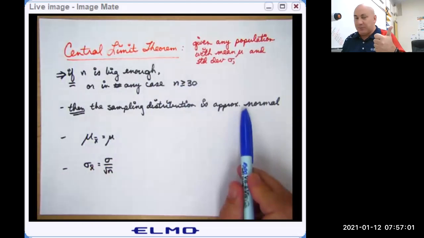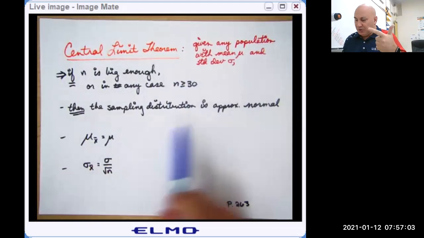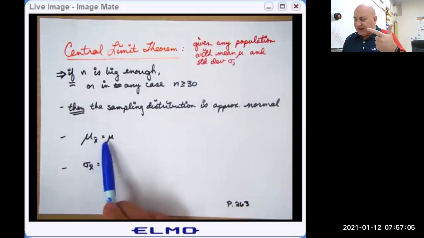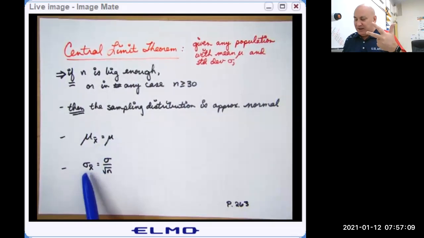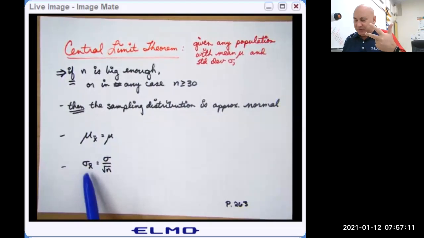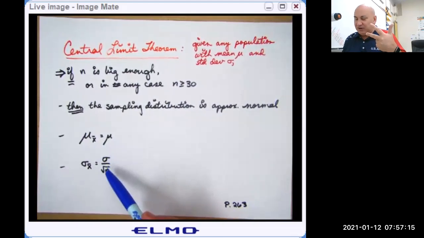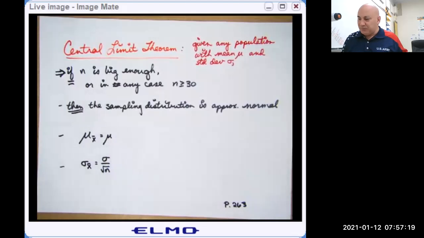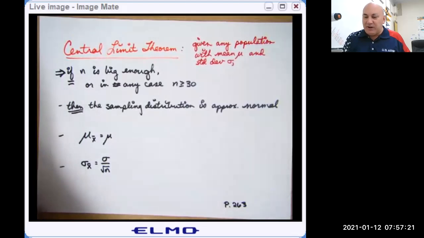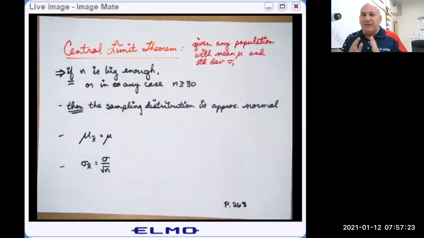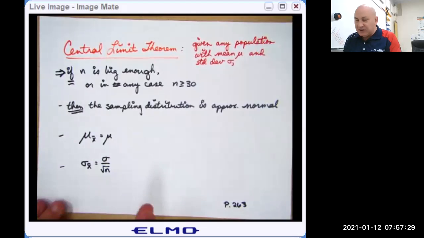One, it will be approximately normal. Two, it will have the same mean as the population does. And three, the standard dev of the sampling distribution will be the standard dev of the population divided by the square root of the sample size. Again, this is one of the primary, fundamental, primo important rules in all of statistics. So it is important that you get this.